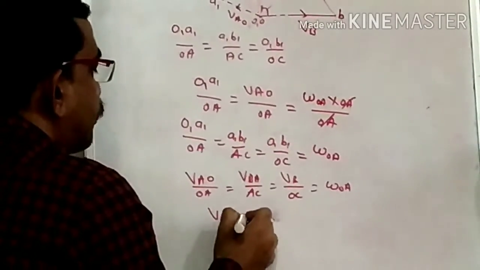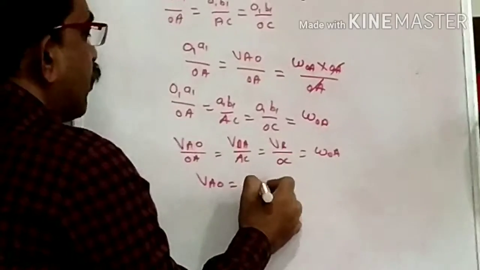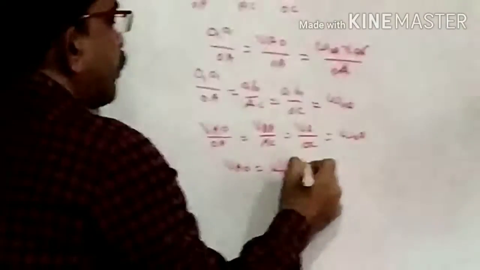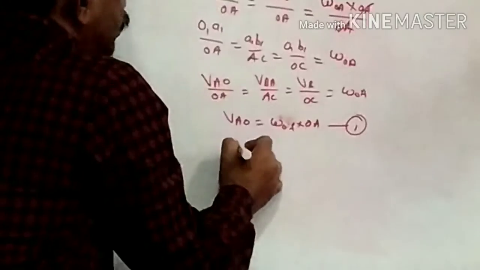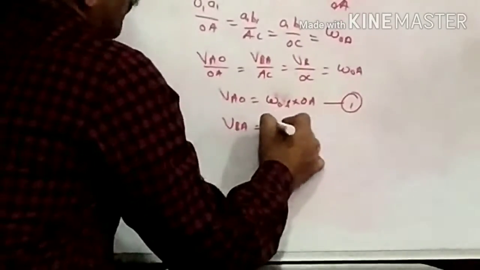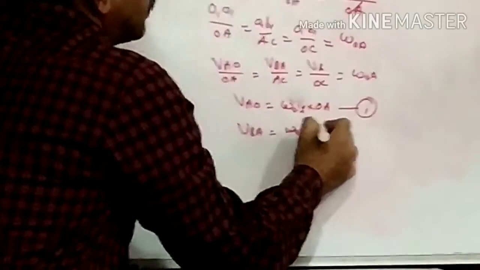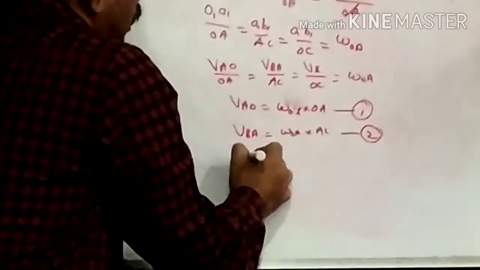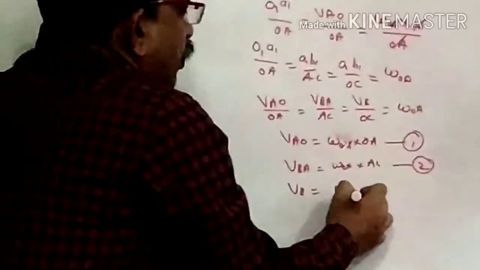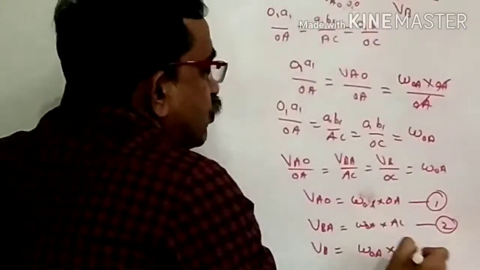Velocity of A with respect to O is equal to the angular velocity of link OA multiplied by the length of link OA. This is equation number 1. Then the velocity of B with respect to A is equal to omega OA multiplied by distance AC. That is equation number 2. And last, the velocity of slider B is equal to the angular velocity of link OA multiplied by distance OC. That is equation number 3.